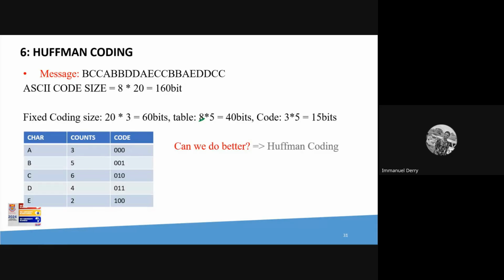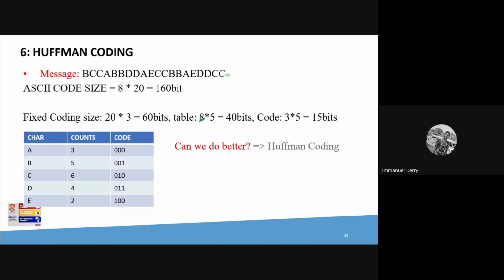All right, so for the ASCII coding, we use a standard 8 bits per character. We multiply it by the number of characters that we have. So each of the characters here are represented by 8 bits. So B is 8 bits, C is 8 bits, and then the other C is 8 bits up to the last character.